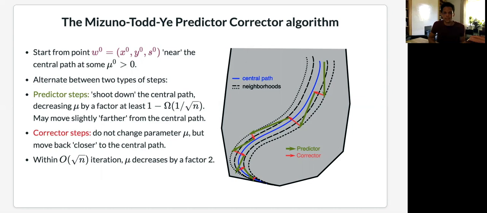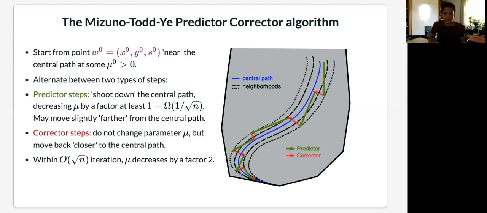And in the predictor-corrector algorithm by Mizuno, Todd, and Ye, we alternate between predictor and corrector steps. That is, we begin somewhere in close proximity of the central path and try to move down on the central path as far as possible, subject to not moving too far away from the central path.